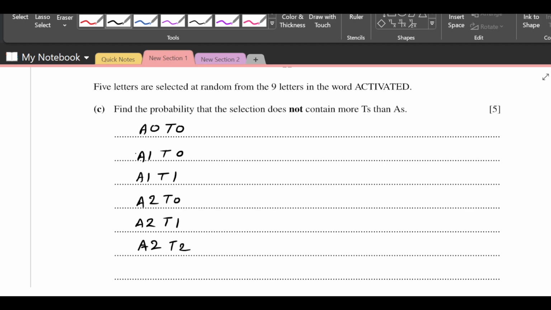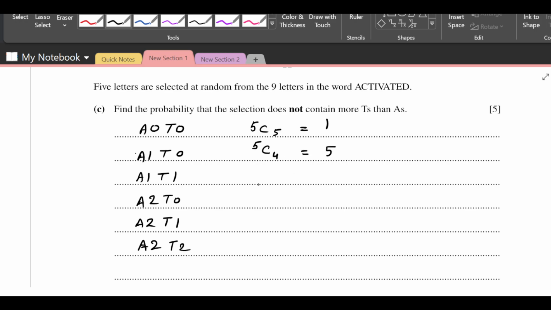So here, when I have no A and no T, the total selection will be one, right? From five, I will choose all five. So this is one. When I choose one A and no T, that means from the remaining five, I have to choose four only.